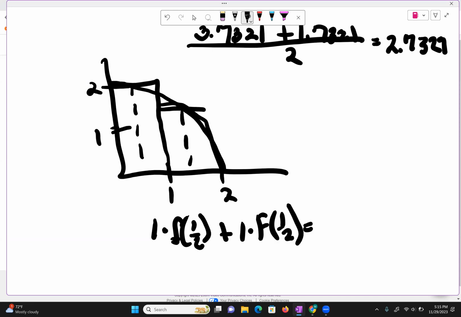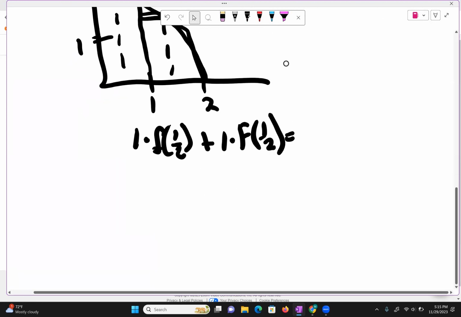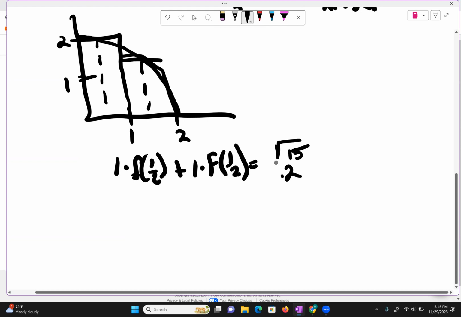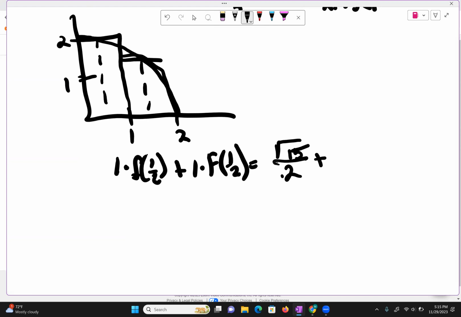And so this becomes square root of 15 over 2, plus square root of 7 over 2, which equals approximately 3.2594 square units. So this gives us a little bit of variation here.